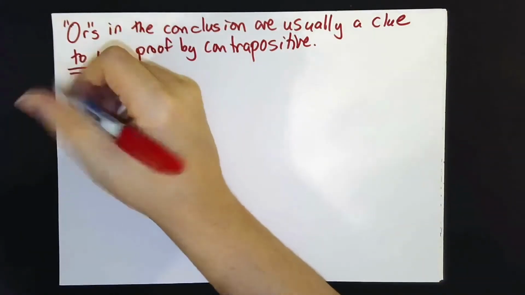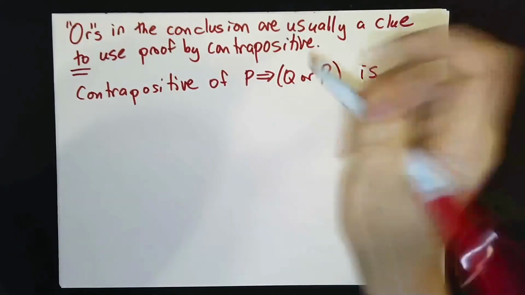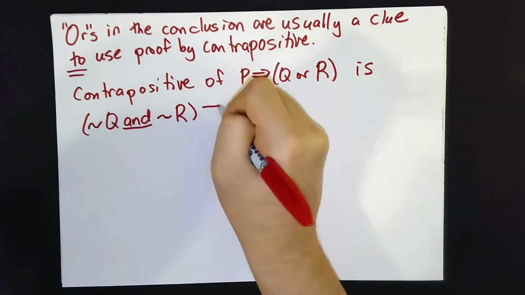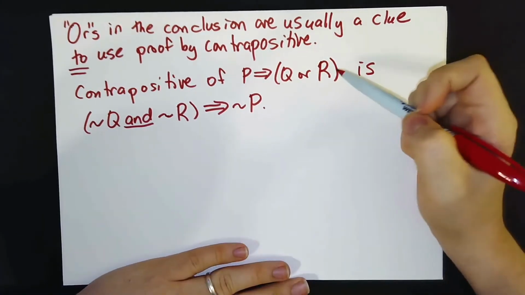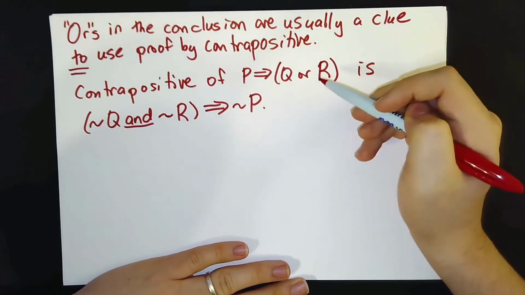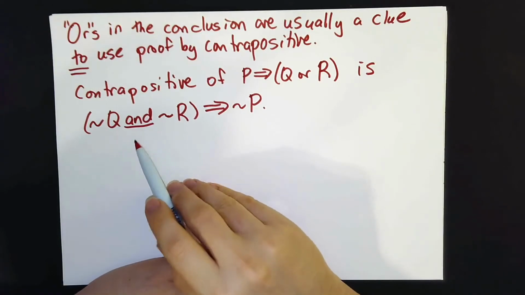And the reason why this is helpful is that the contrapositive of P implies Q or R is not Q and not R implies not P. And so taking the contrapositive lets us transform something with an annoying or in the conclusion to something with a very helpful and in the hypothesis.